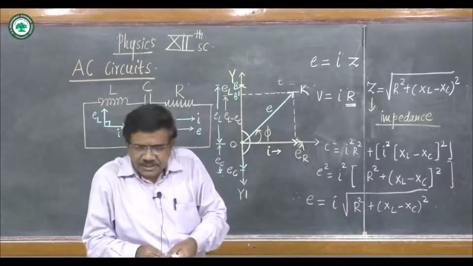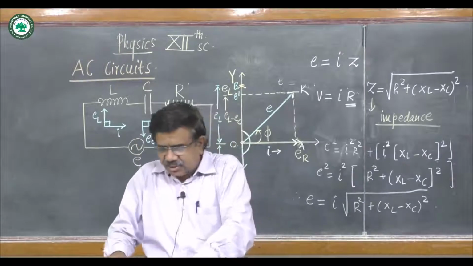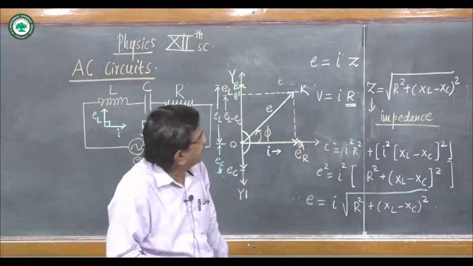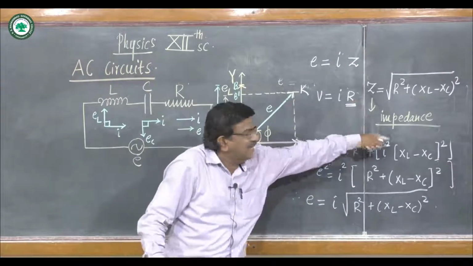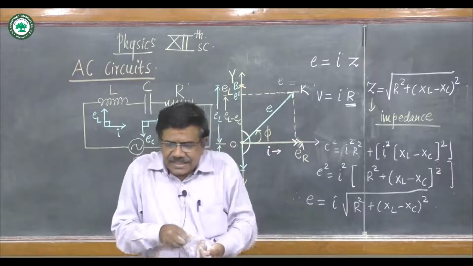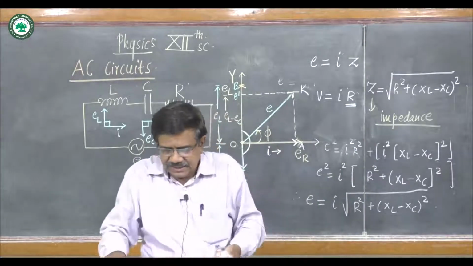We may call it the total effective resistance, and it is called the impedance of the circuit.